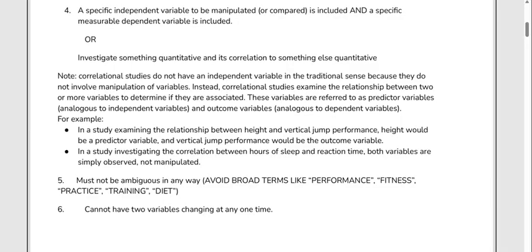Okay. We want to make sure we have one independent variable, one dependent variable. Depending on your study, the independent variable could need several variations. So let me give you an example of 3 variations.